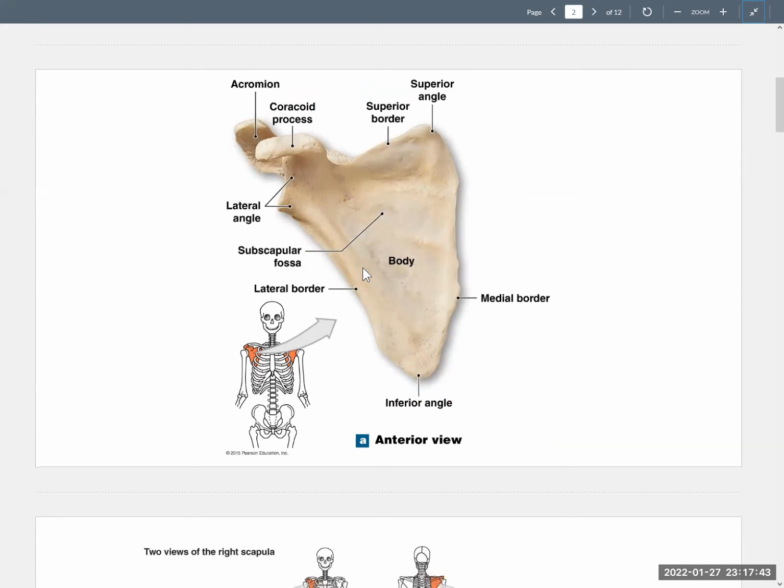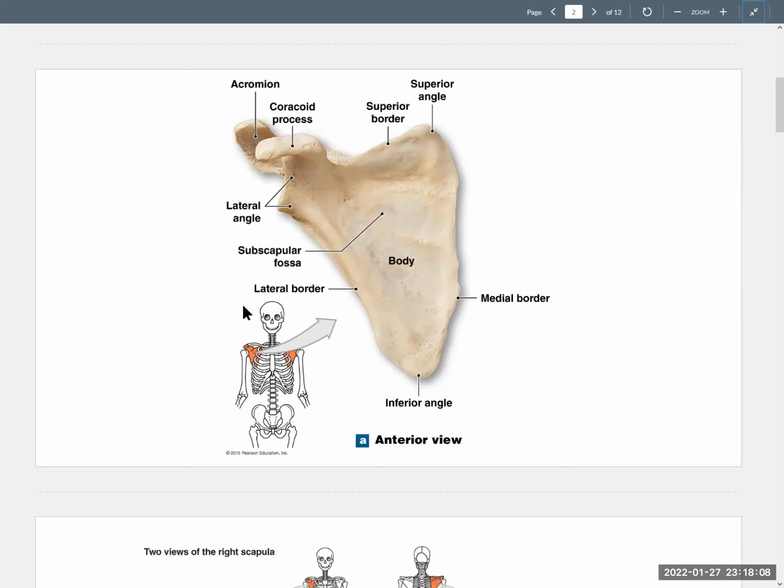Here's our first one. This is the scapula. If you're using that figure chart that I just showed you, you can turn to the figure in your book. You don't need to, of course, it's right here.